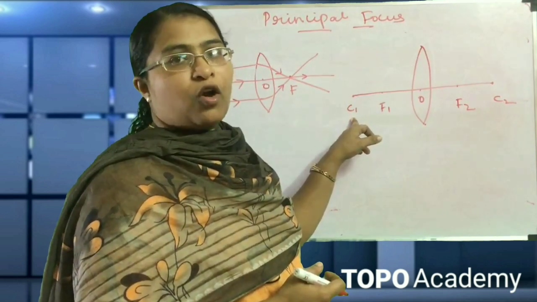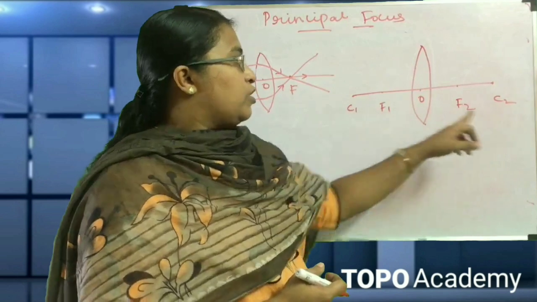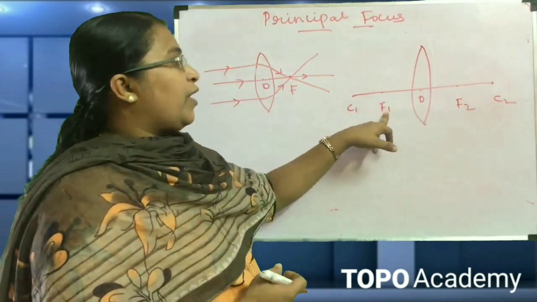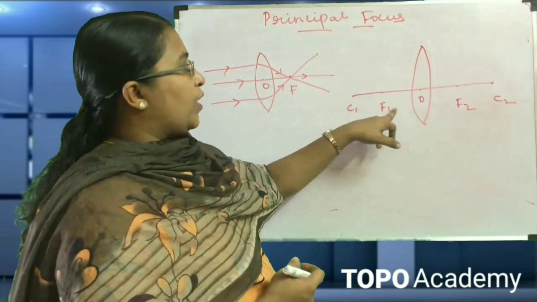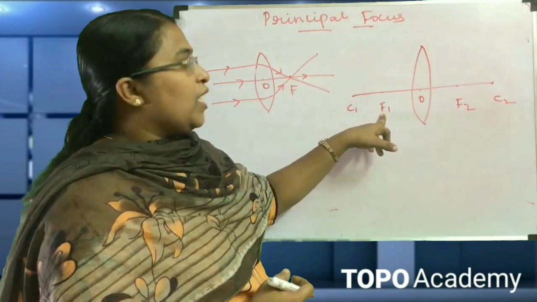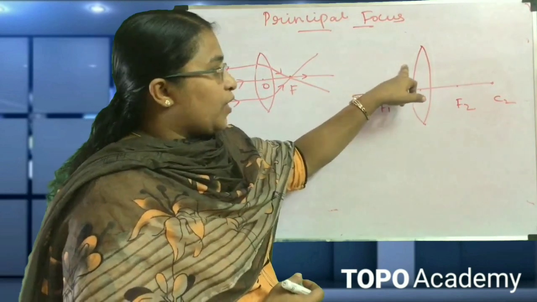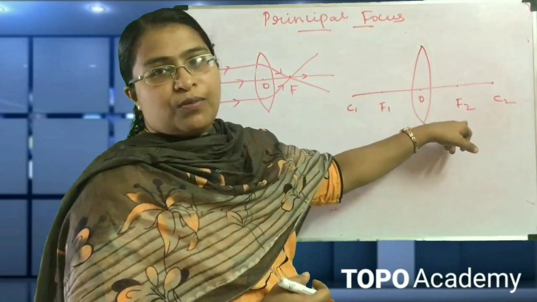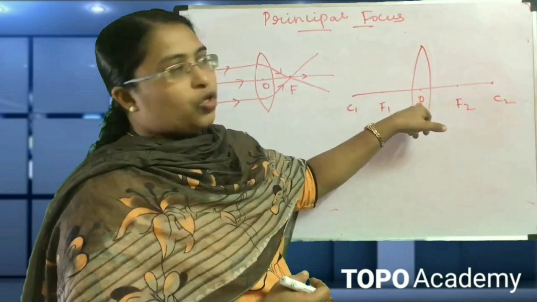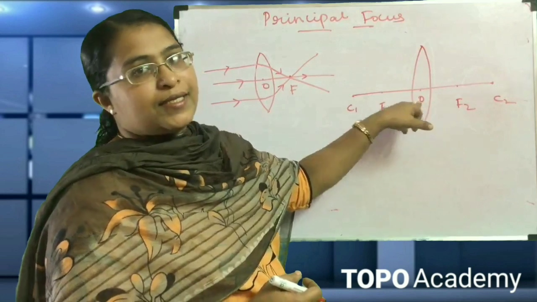Two spheres are forming a convex lens. So C1 and C2 are the centers of curvature of the spherical lens. If the light rays are passing from this side, we will get a principal focus on the other side. The center of the lens is known as the optic center.